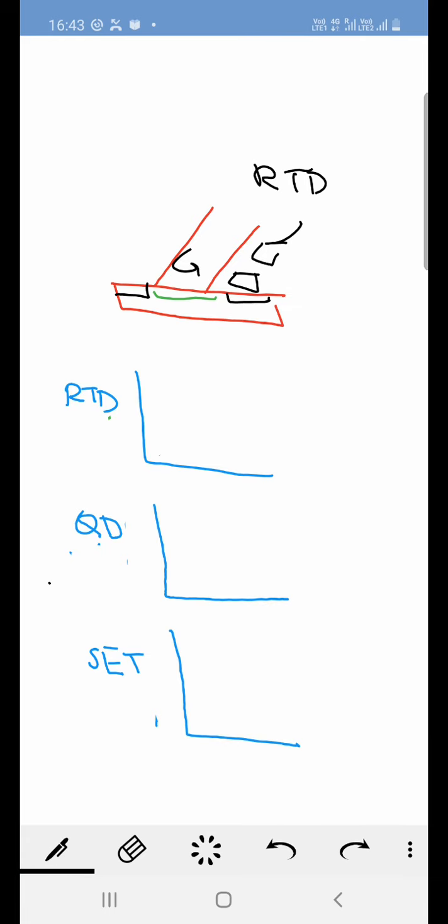For an RTD, it will be like this. For a quantum dot, it will be a step function, and for a single electron transistor, it will be a step function but at a different scale.